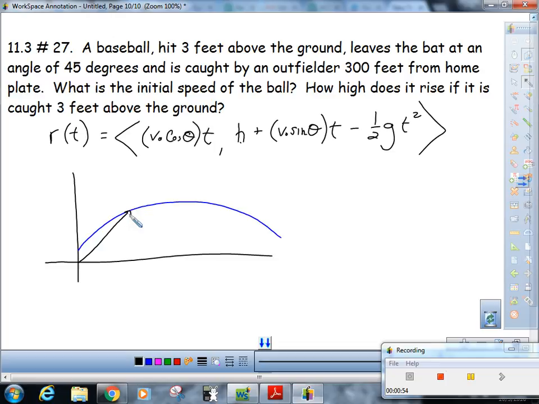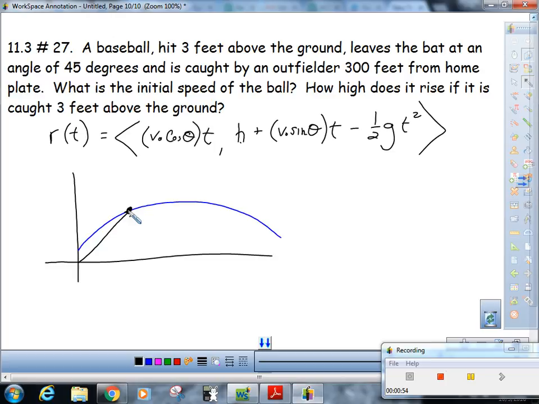So when you put in a t with the initial velocity that we're going to find and a launch angle of 45 degrees, an initial height of 3, and gravity measured in 32 feet per second squared, this is what the path will look like. And at some time t, you get this vector.